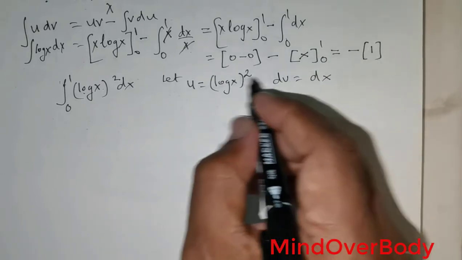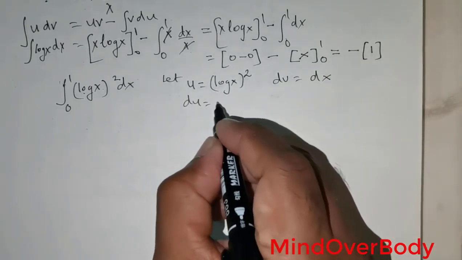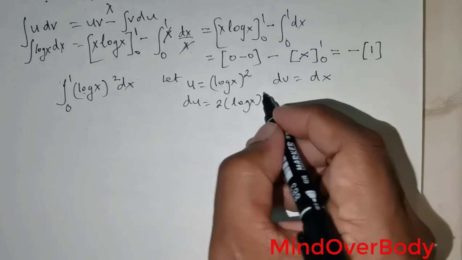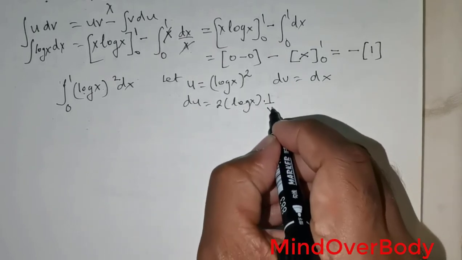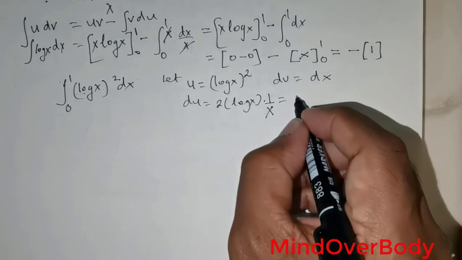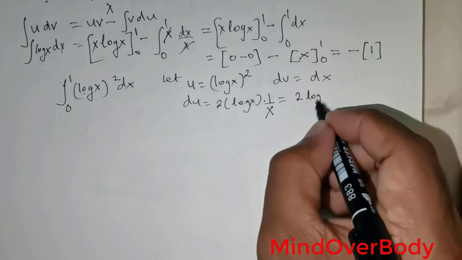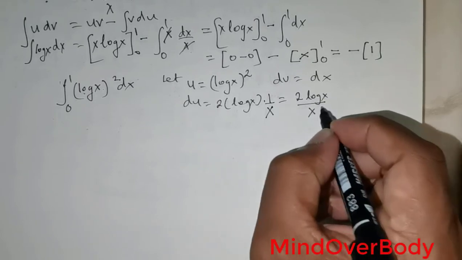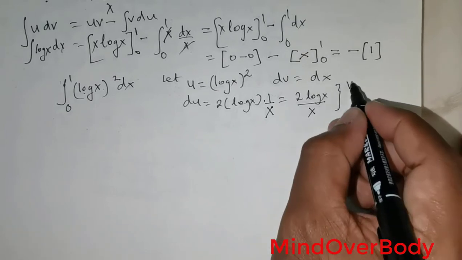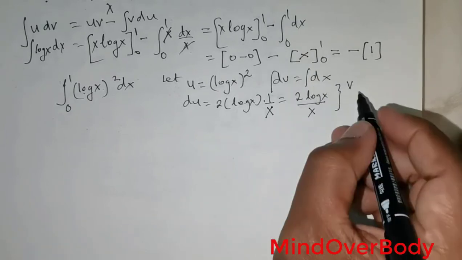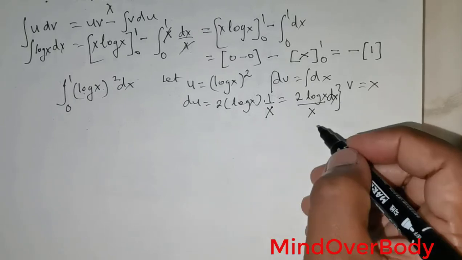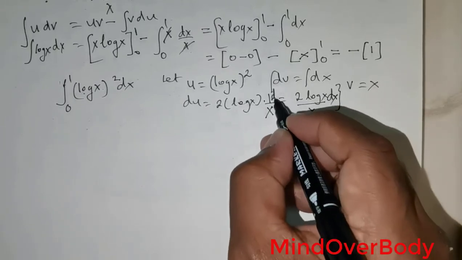So if I were to differentiate this, I would get 2 times log x raised to the power of 2 minus 1, that's going to be 1, times the differential of log x, that's going to be 1 over x. So this is going to be 2 log x over x. So this is for my du. Now as far as my dv is concerned, if I were to integrate this, I get v is equal to x. So of course I need to place dx over here whenever I differentiate.